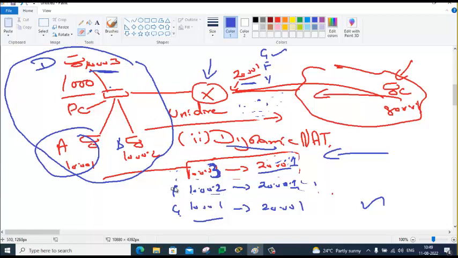How do you know? Same like this Y, F and G, there is a port number. When this is asking for Yahoo, this is asking for Facebook, this is asking for Google, when this computer sends traffic, they send with some port number. Listen, this is like 5555, let's say, port number. Let's say Facebook is sending a request from 10002 IP address and the source port number is, let's say, 7777.